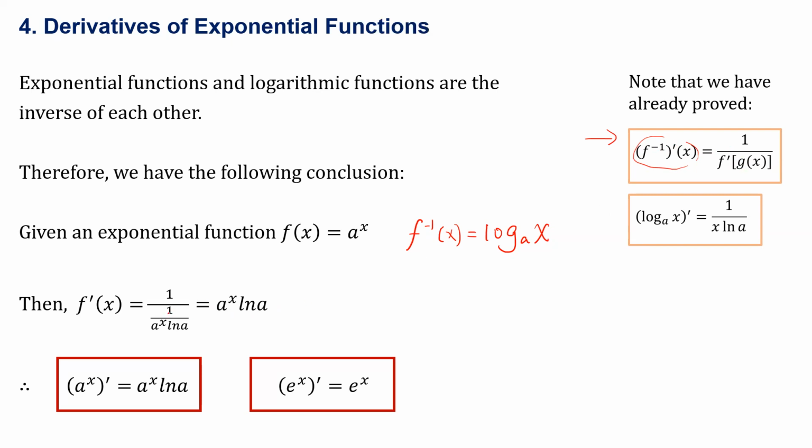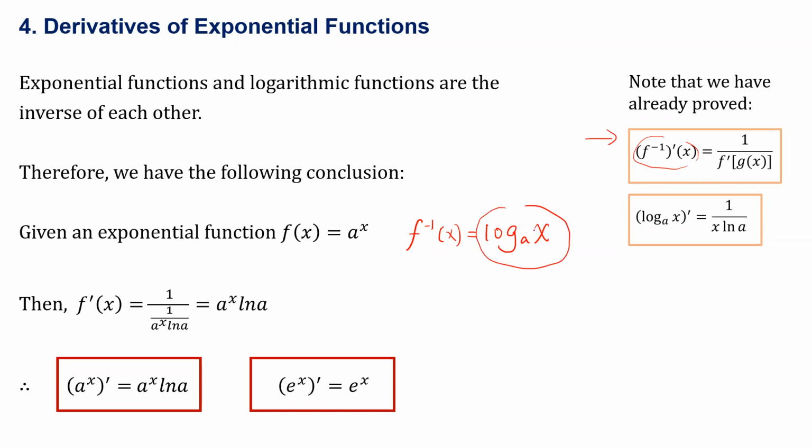So that is 1 over a to the power of x times ln a. Can you see that? Because the inverse of f(x) is this one, right?